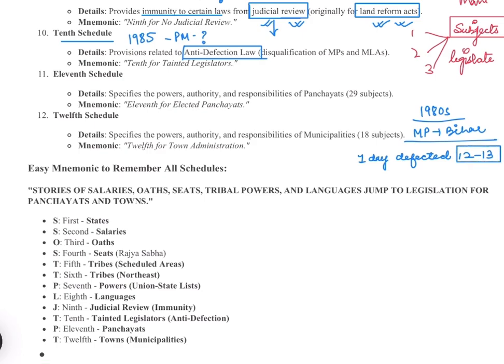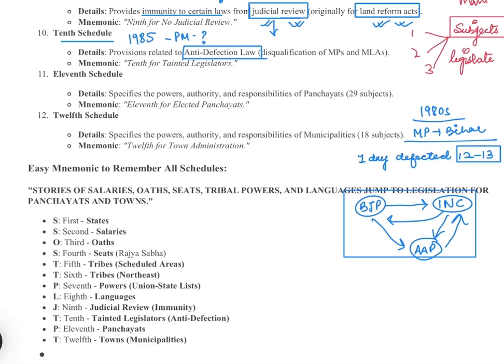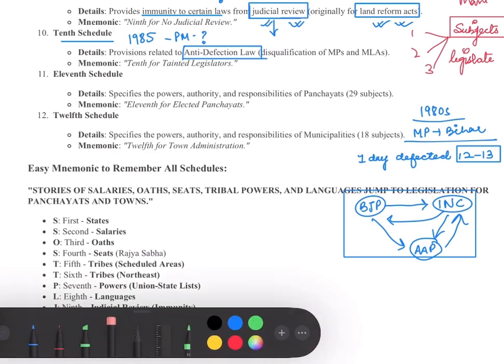Defected means, for example, he is originally from BJP. On that particular day he shifted his party and went to INC, Indian National Congress. On the same day he came back to BJP, then went to Aam Aadmi Party, again to INC, and again to AAP. Changing parties very frequently.